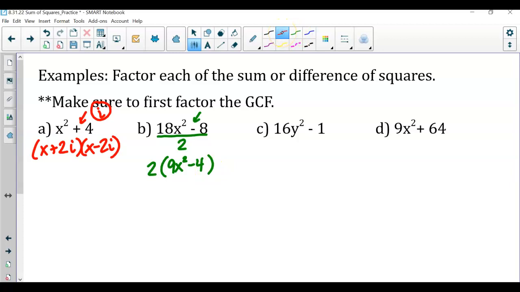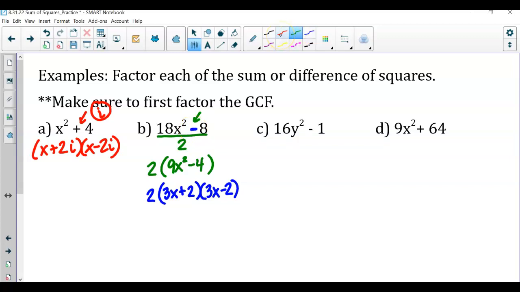Now we can continue. So don't forget to bring down our GCF, the value of 2. Square root of 9 is 3, so 3x plus, well, the square root of 4 is 2. And then 3x minus 2, because remember, we're factoring the difference of two perfect squares.